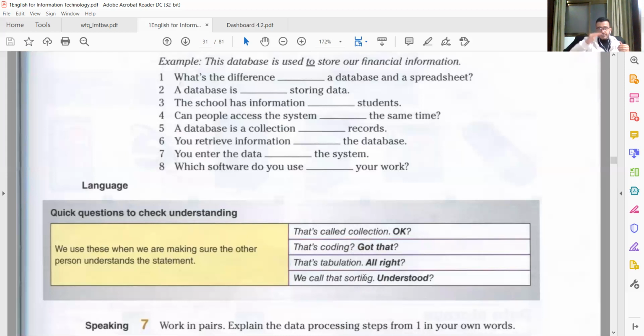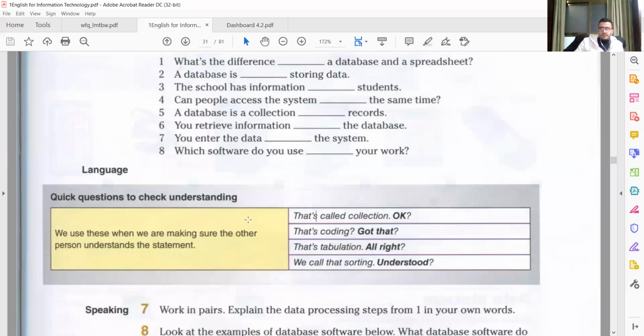Got that? That's tabulation. We call that sorting. Understood? So the intonation is raised. We raise the tone when we speak, when we ask.